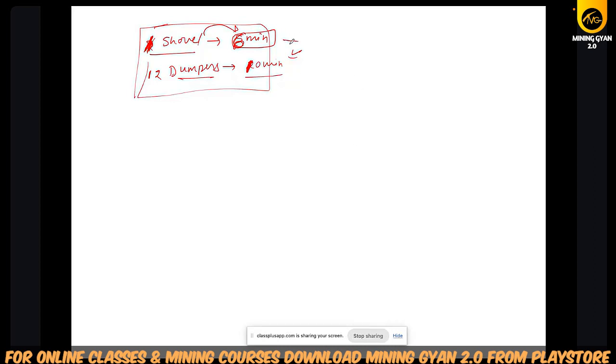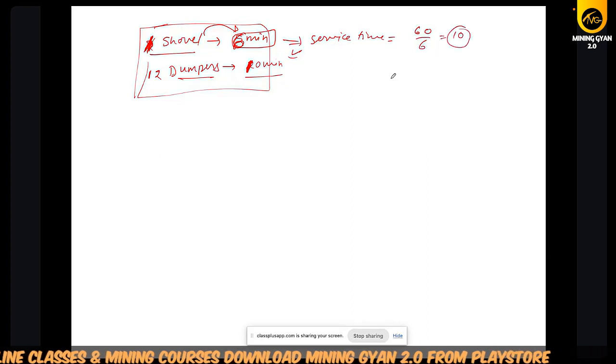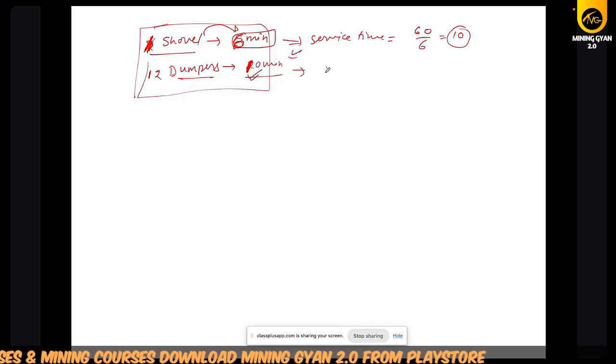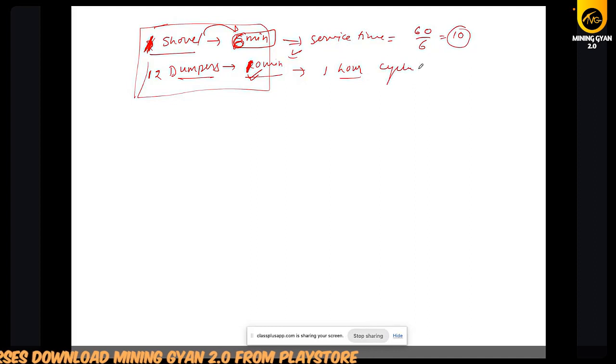So for the service rate of the shovel, 60 divided by 6, which is 10 per hour. And for the dumper, 10 minutes. So in 1 hour, how many cycles will be completed? 6 cycles by one dumper.